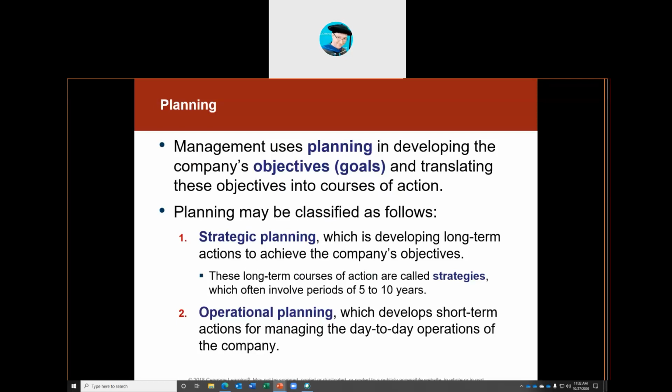And then we also have operational plans. These are the day-to-day operations of the company. The plan today is to make 100 guitars. The plan tomorrow is to make 110 guitars. The plan the next day is to make 120 guitars. Operational planning is day-to-day operations of the business.